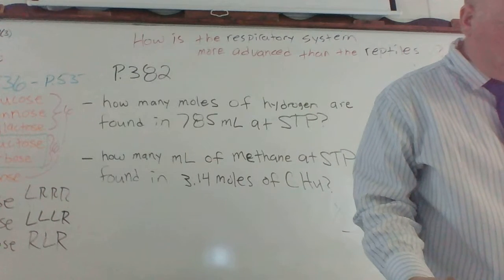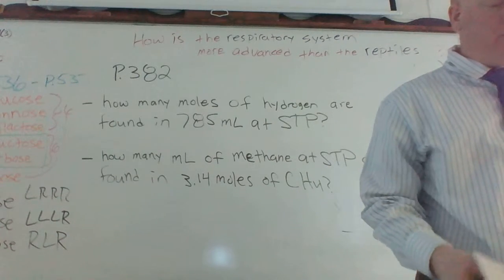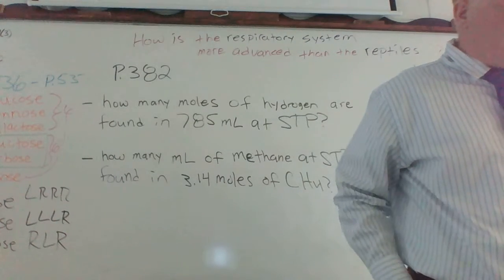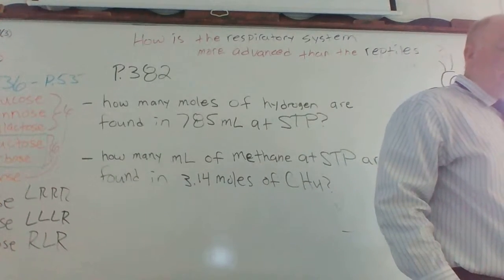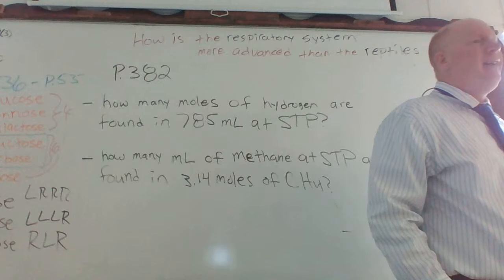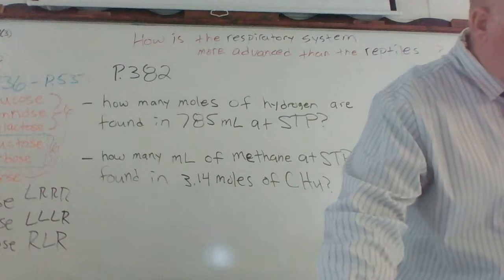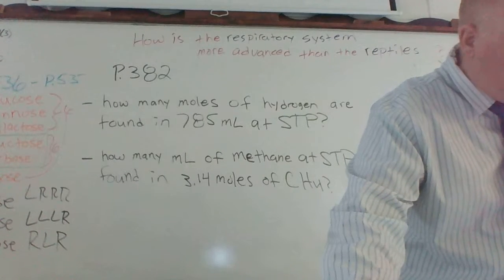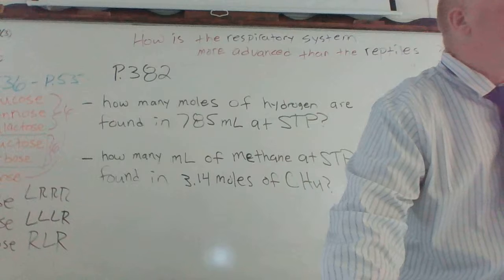on page 380. I know I got 382, but we'll be making a reference to that here shortly. Where we see molar volume of a gas on page 380, recall that 1 mole of a molecular substance contains a number of molecules.